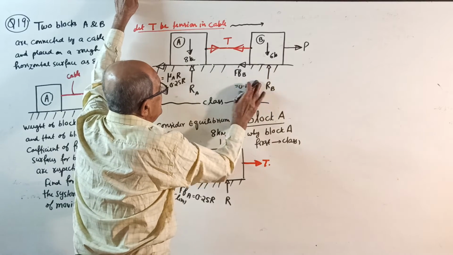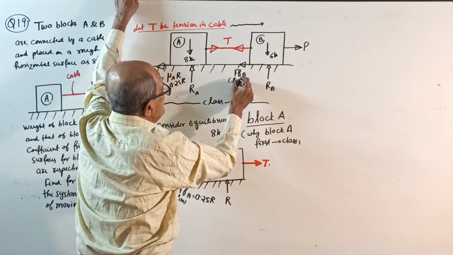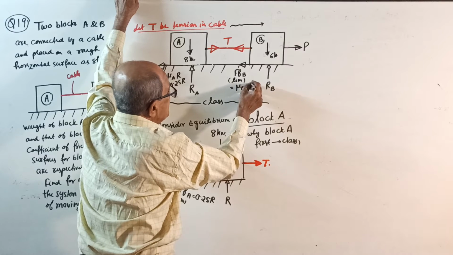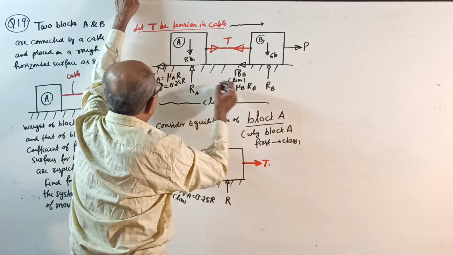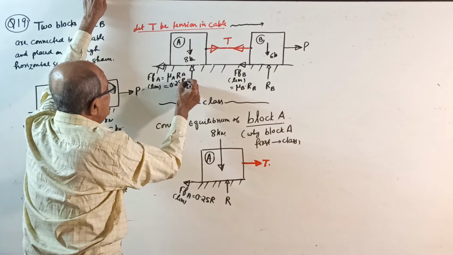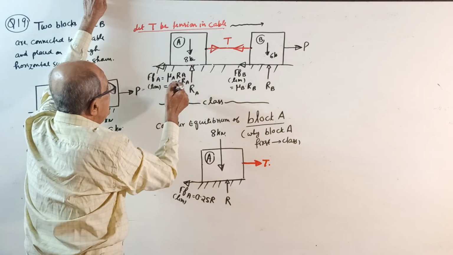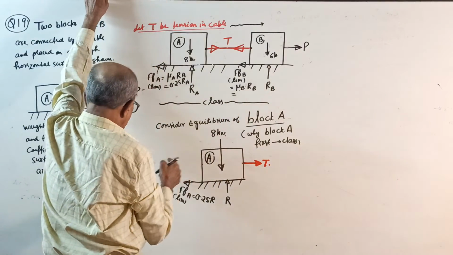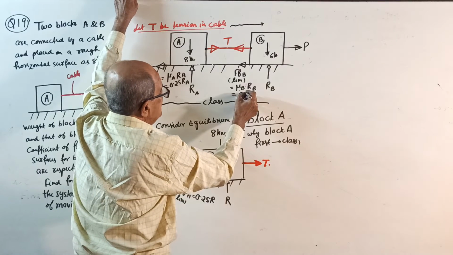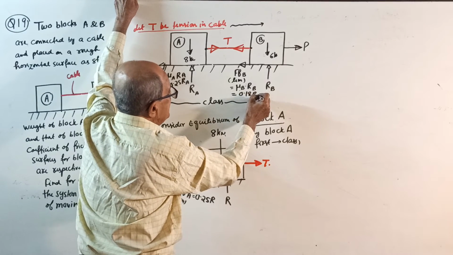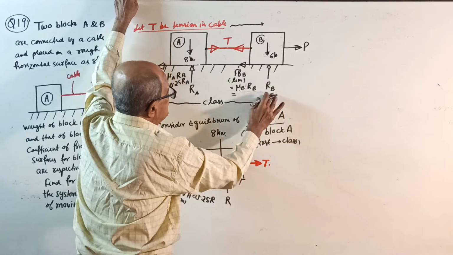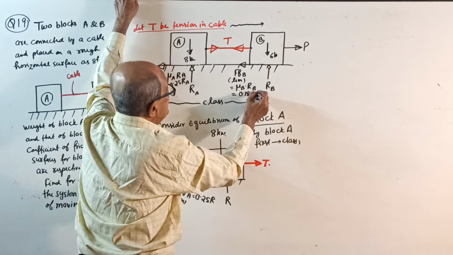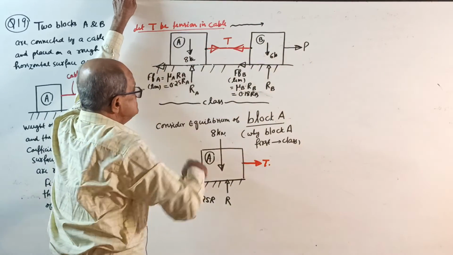Frictional force at B, limiting, equals mu for contact B into RB. Here it is mu A into RA, here mu B into RB. Mu B equals how much? They told 0.18. So 0.18 into RB. This is the complete system.